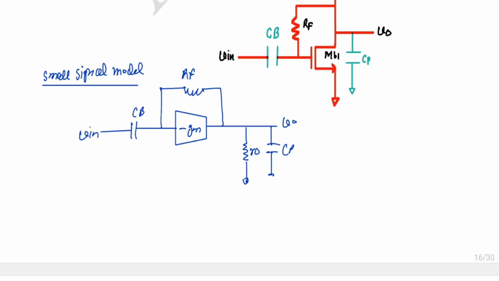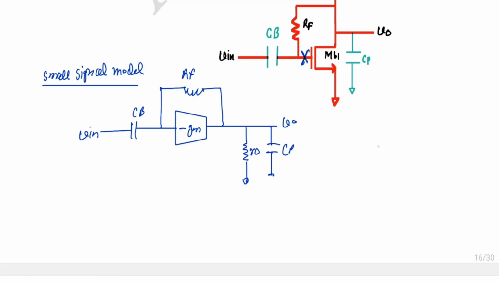Okay, so while calculating loop gain, we break the loop at any high impedance node, and then we apply a test voltage there, and we calculate the output voltage at the second terminal where we break the loop. Okay, so this is a high impedance node, so we will break the loop here.